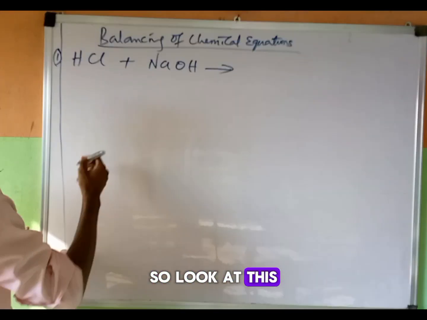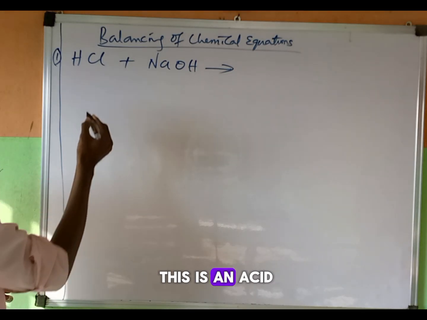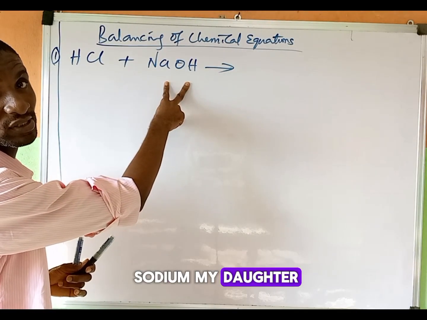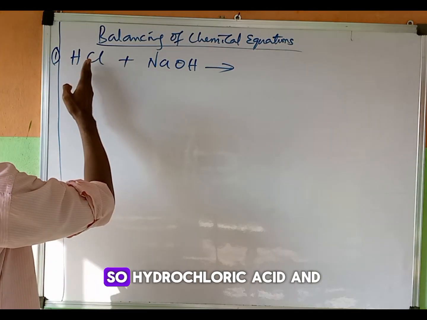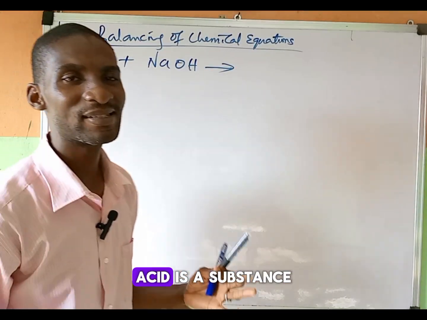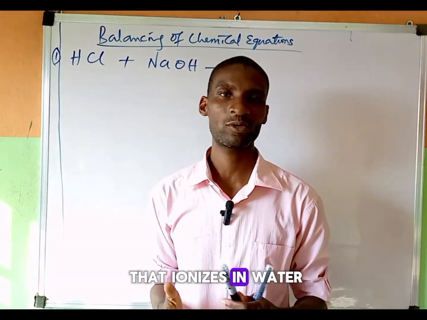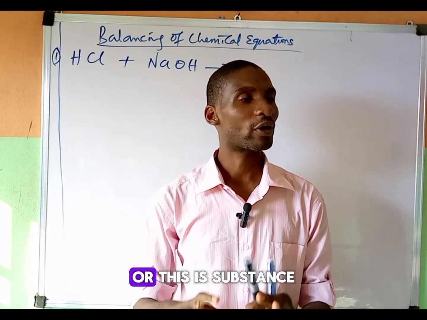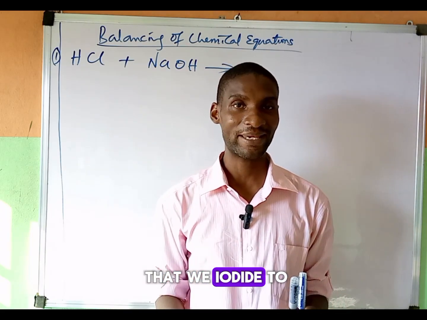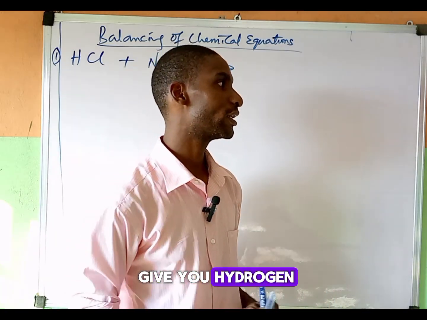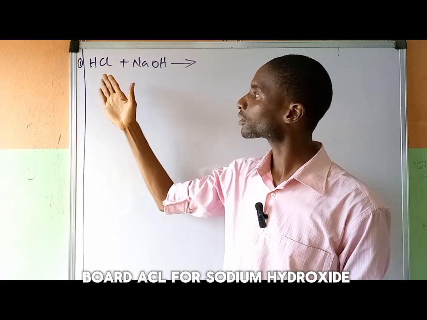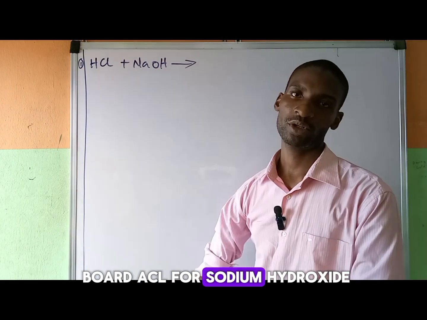Looking at this, HCl is an acid, hydrochloric acid, and this is a base, sodium hydroxide. An acid is a substance that ionizes in water to liberate hydrogen ions. We want to balance the equation on the board, HCl plus sodium hydroxide.